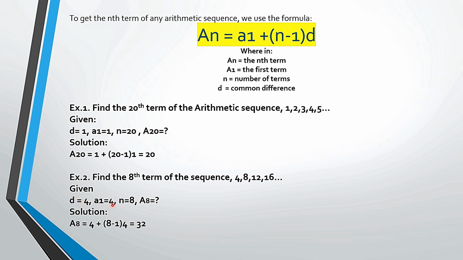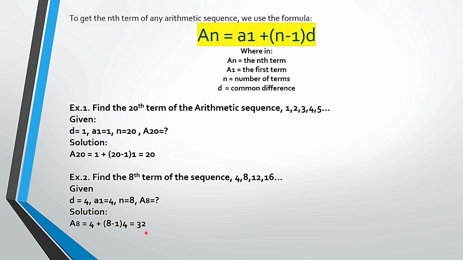The first term is equal to 4. And n, or the number of terms, is 8, because we are asked to find the 8th term. So therefore, a sub 8 is equal to the first term, which is 4, plus n minus 1, which is 8 minus 1. That becomes 7 times 4, and that becomes 28 plus 4.